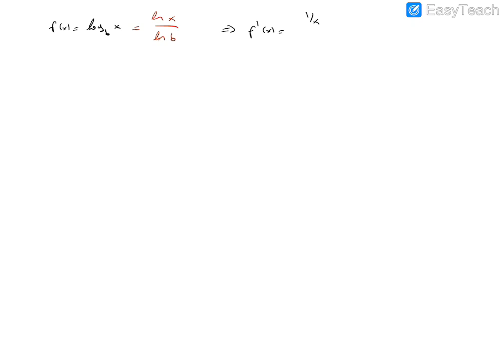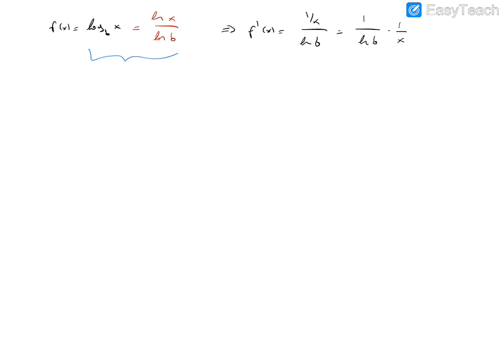The derivative of ln x is 1 over x, and ln b is a constant. So this is 1 over ln b times 1 over x. So the derivative of logarithm base b of x is 1 over ln b times 1 over x. Easily you can calculate. But I would like to explain some things about this equality.